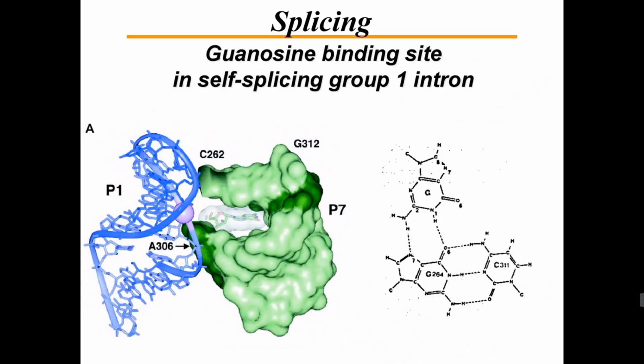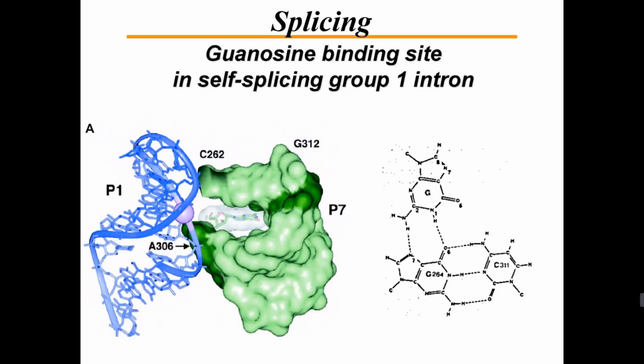All right, so another key thing that they wanted to address in their experiments was to actually look at the guanosine binding site, and to understand how the guanosine cofactor that comes into these binding sites in the self-splicing group 1 introns, how does it actually facilitate that first transesterification reaction?